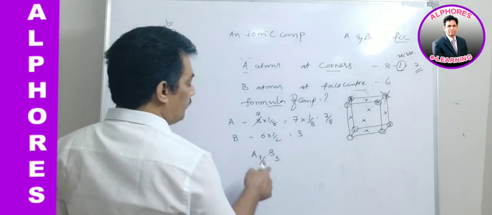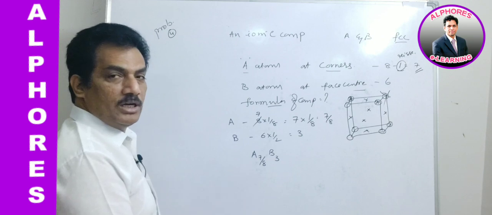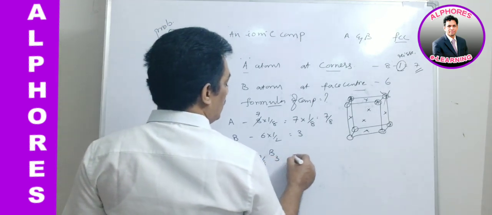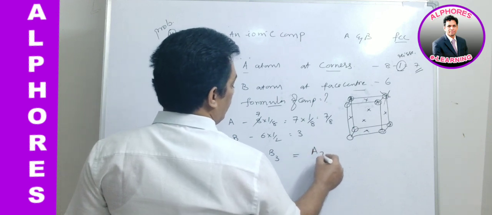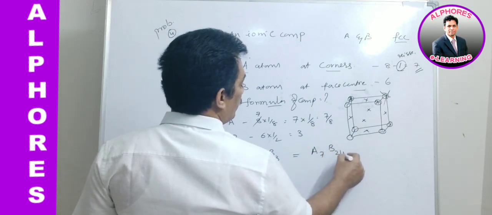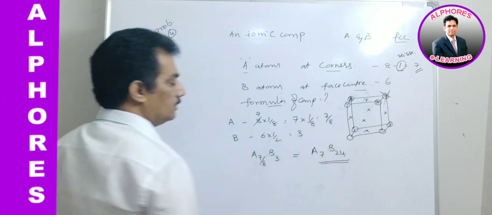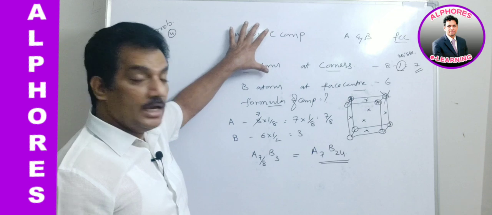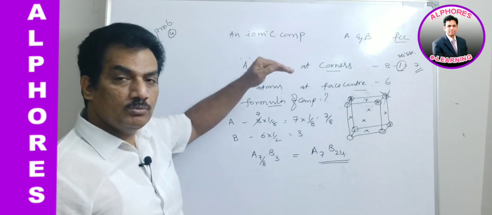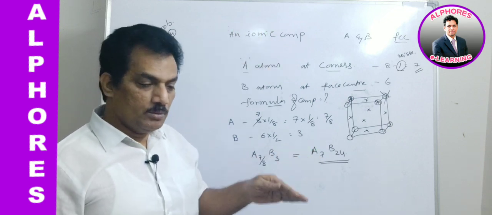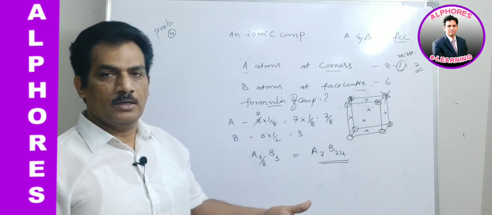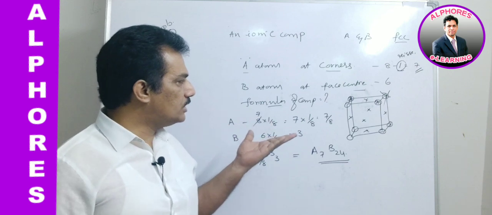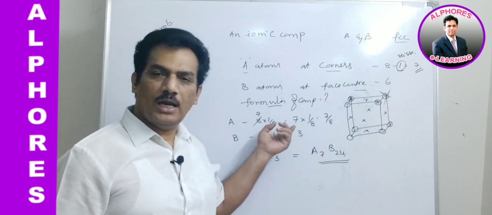But to clear the fraction, let us multiply by the denominator 8, and then we get A 7, B 24. This is the formula of the compound. They give the data, and thereafter they ask to assume that one of the atoms at a certain position is missing. So when it is missing, you have to reduce this number. Here we are reducing one atom at a corner.